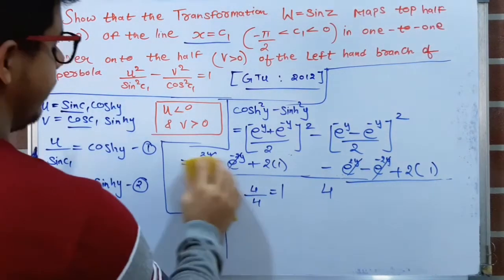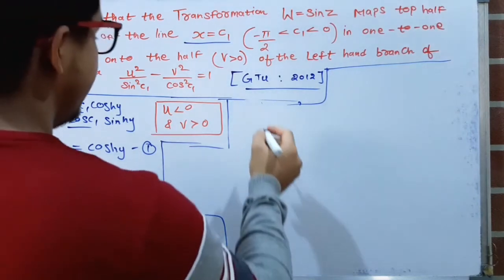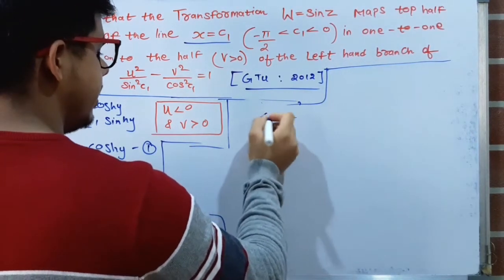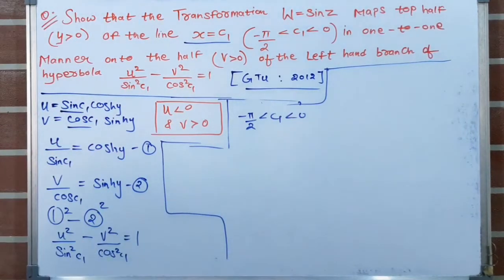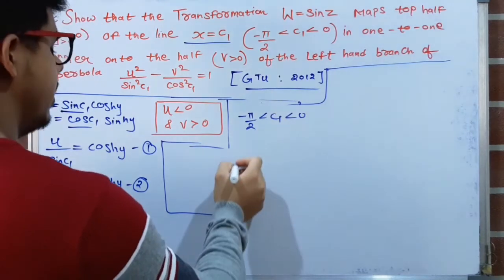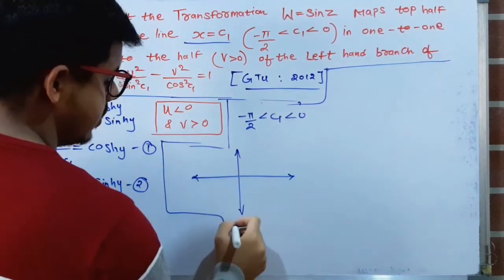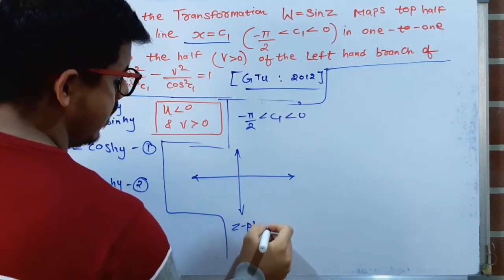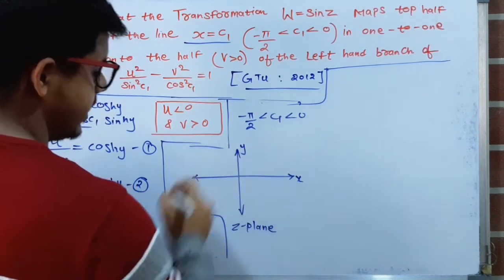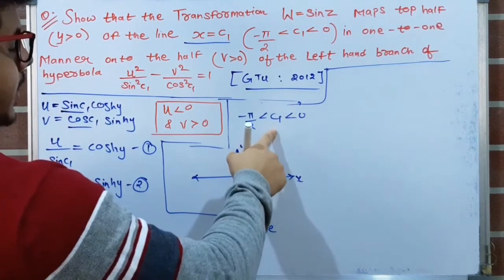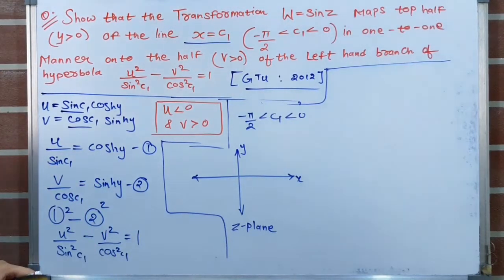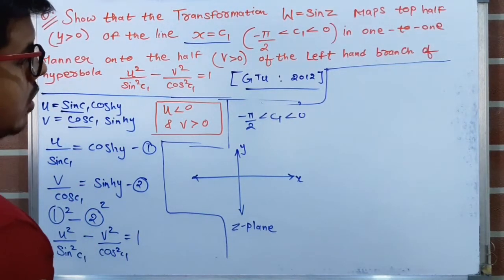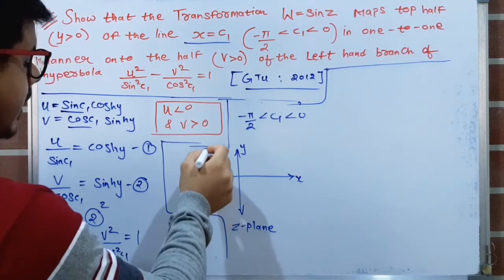Now we will see the graph. What were the conditions? C1 is between minus pi by 2 and 0, and u is negative and v is positive. First we will draw the graph in the z plane. So this is the z plane, this is the x axis and this is the y axis. C1 is between minus pi by 2 and 0. So the line x equals minus pi by 2 will be here.